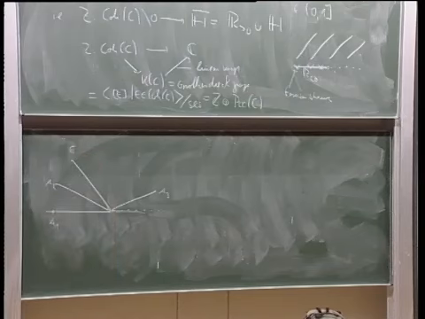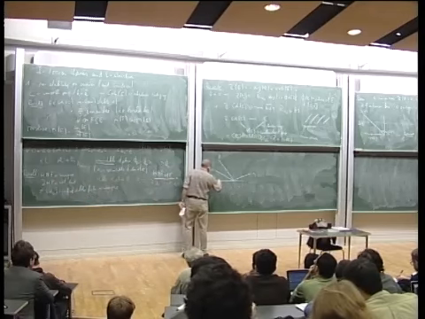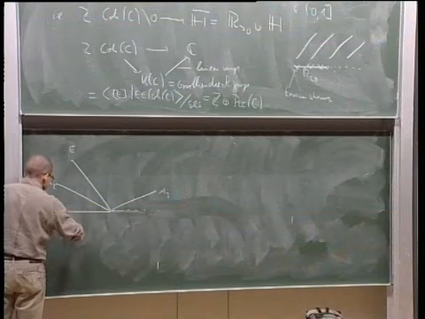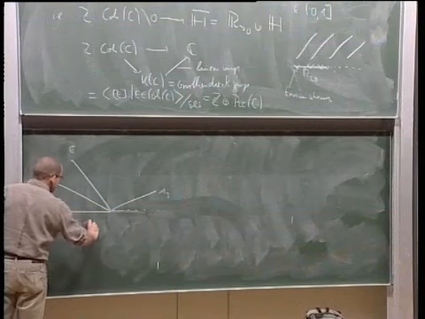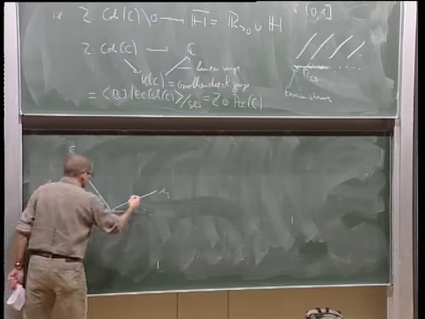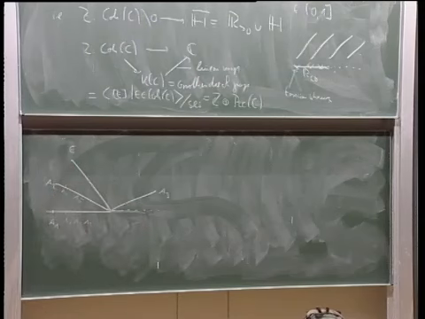This would be for the Harder-Narasimhan filtration. For the Jordan-Hölder filtration, you might have several objects of the same phase, like A1, A2, A3, then A4, A5, and then of course you have to add some others so that the sum again is E.